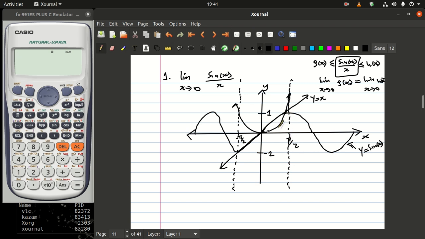So we want a function that is going to behave in the same way, that if I am moving from this point up until that interval here, I can say that this function is always going to be either above all these functions, or below this function, or in the middle of these functions. So we decided that let's not use this one here because it's creating so many problems for us.